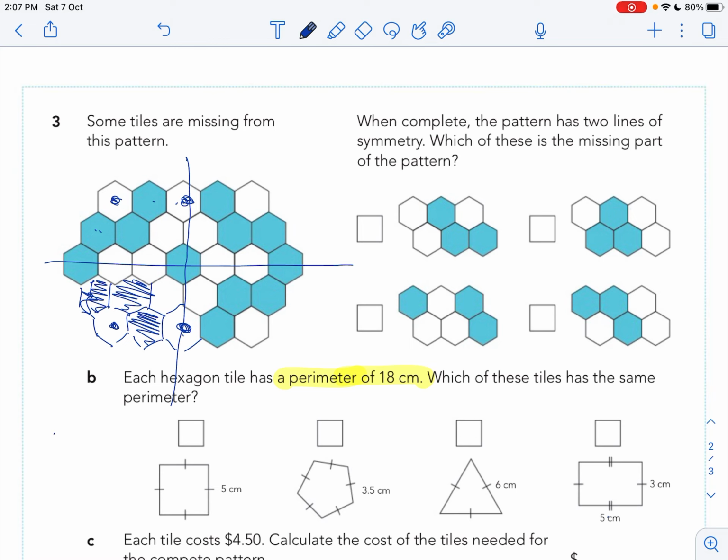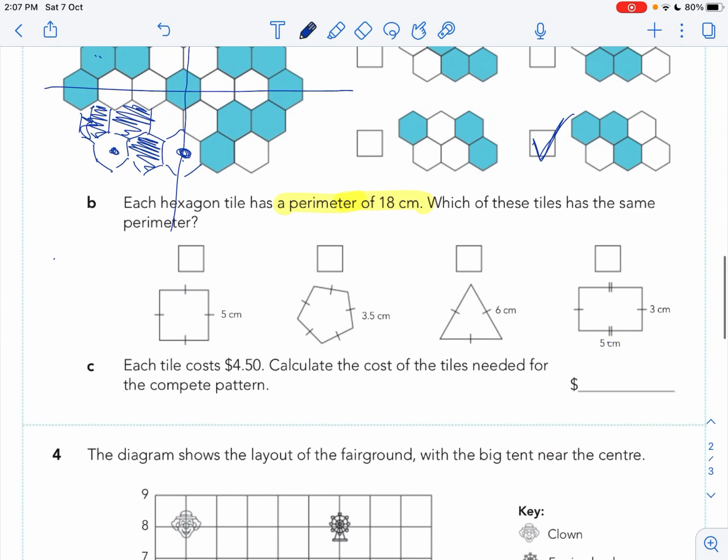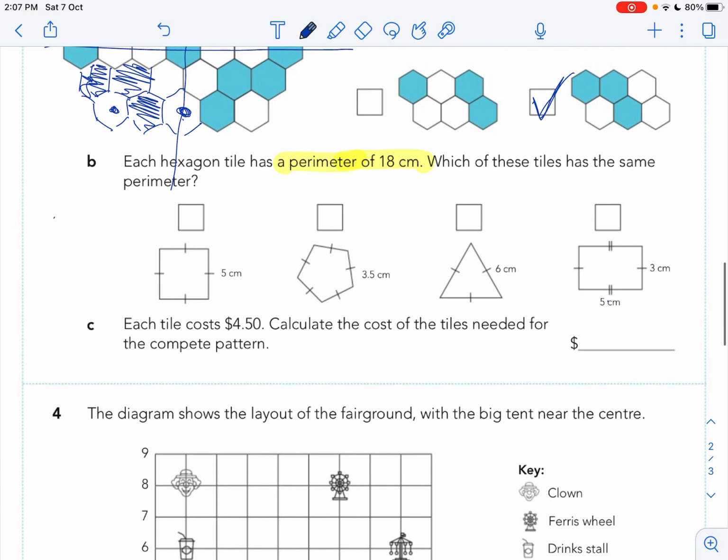So if we compare that to the ones on the right hand side, we can see that it matches up to this one. Now I've highlighted here that the perimeter is 18 centimetres. Remember, the perimeter is the outside, we add up the sides. And we want to say which one adds up to 18. So here we've got 4 sides of 5, but that adds up to 20, so it's not that one.